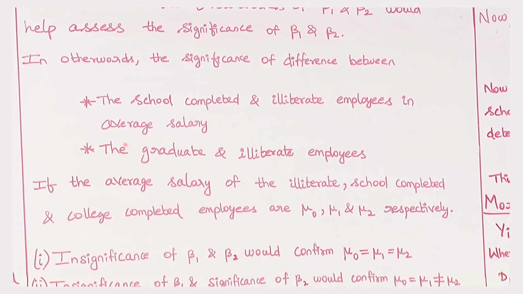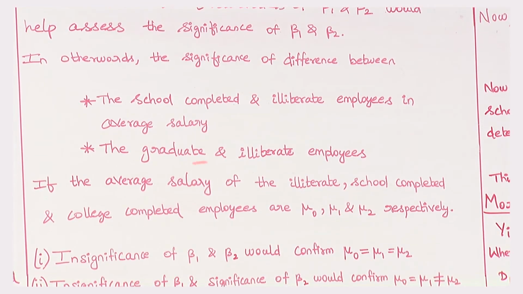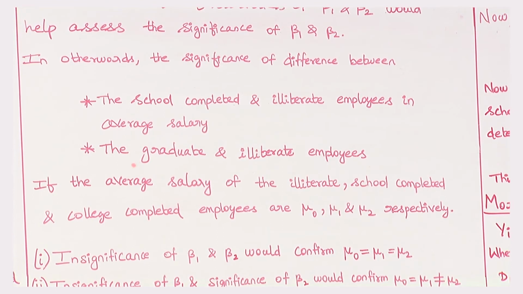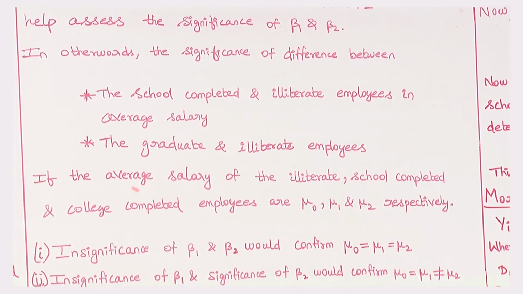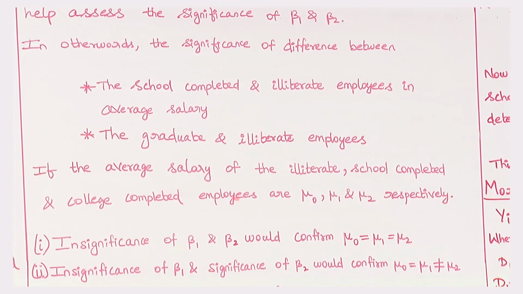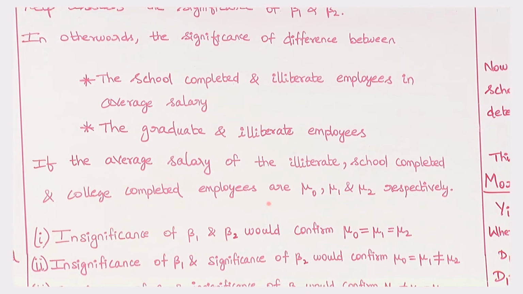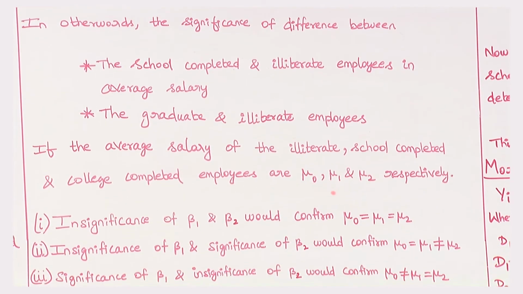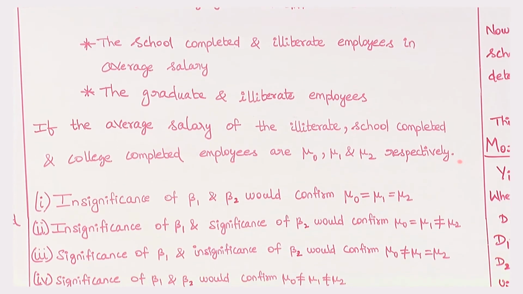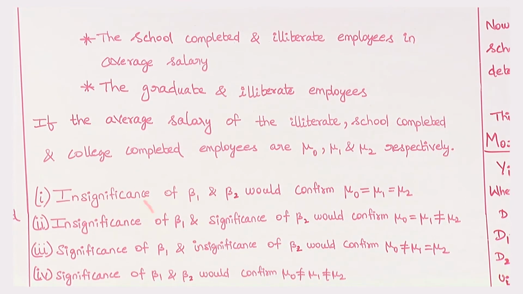So, the significant difference between these employees in their average salary could be found. If the average salaries of the illiterate, school completed and college completed employees are mu 0, mu 1 and mu 2 respectively, we may conclude the following.